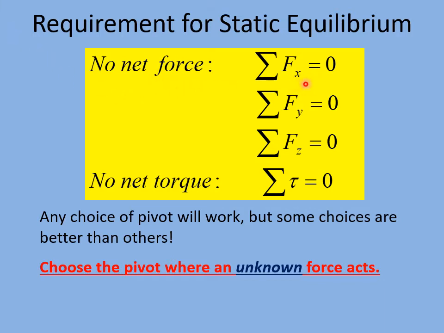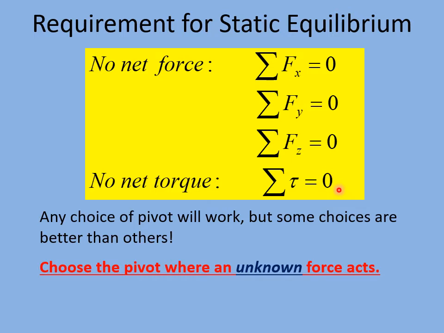No net force means all the force components in the x direction have to add to zero, all the force components in the y direction have to add to zero, and if it's a three-dimensional problem, all the force components in the z direction have to add to zero. And in addition, we require that there is no net torque on the object. In other words, when we add up all the torques, we need to make sure that those are also equal to zero.